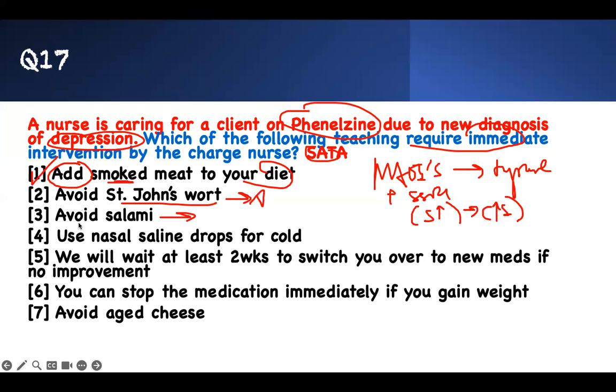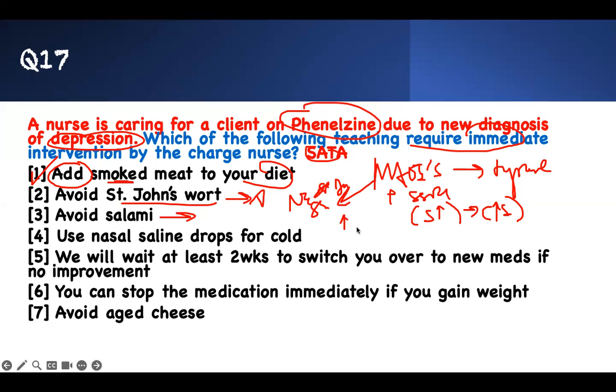So that one is good. Use nasal saline drops for cold. It means if they have a cold, they should not go to Walmart and buy cold syrup or nasal decongestants. Why? This medication leads to production of norepinephrine, epinephrine, serotonin, and dopamine.